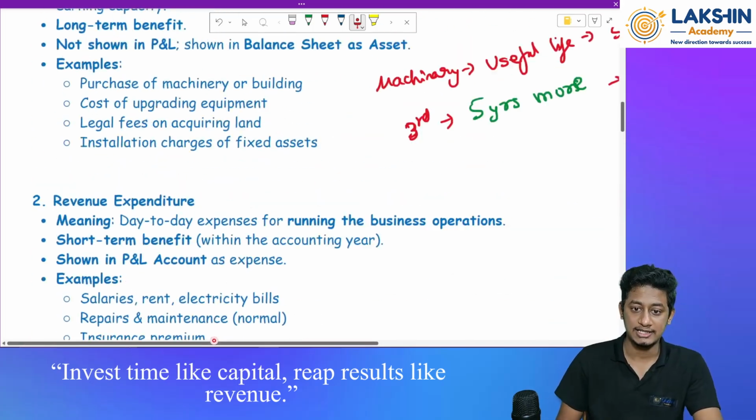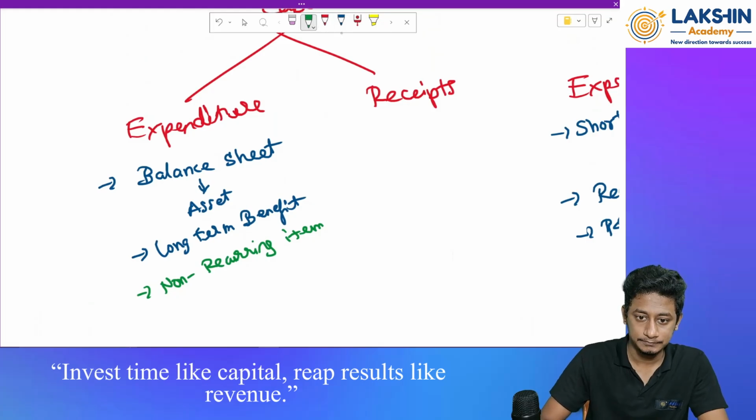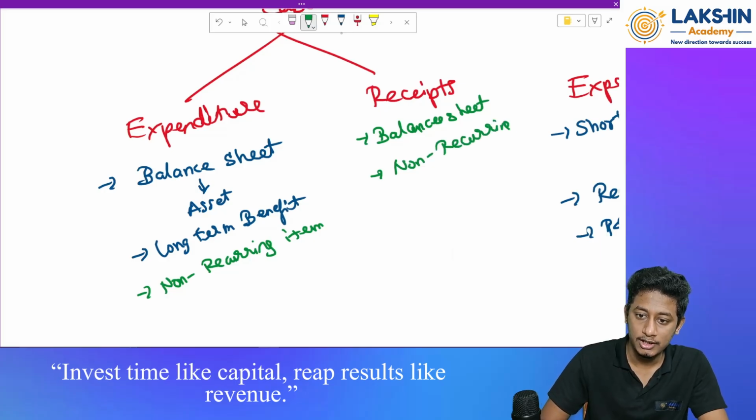So I can say that capital receipts are again taken to the balance sheet. Then it is a non-recurring item again. And I can say that it gives me a long-term benefit.